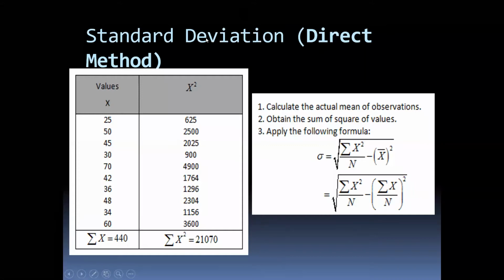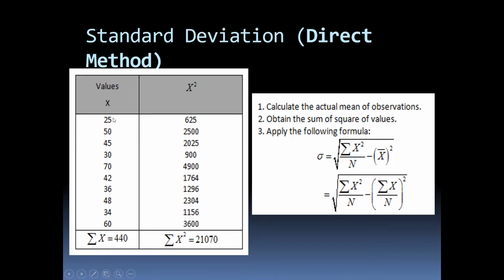Now the second method for calculating standard deviation in case of individual series is by direct method. Now the algorithm of this method is, first we calculate the actual mean of the observations, as we did in the previous method.